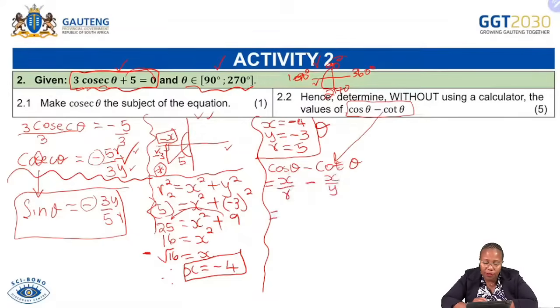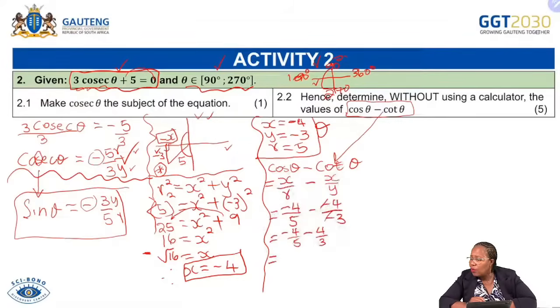And then let's substitute now. What is the x value? Minus 4, the r value 5, minus the x value minus 4, the y value minus 3. And then this is minus 4 over 5, minus the negative will cancel negative, we are left with 4 over 3. And then we can put this into our calculator straight to the answer is minus 32 over 15, grade 12.